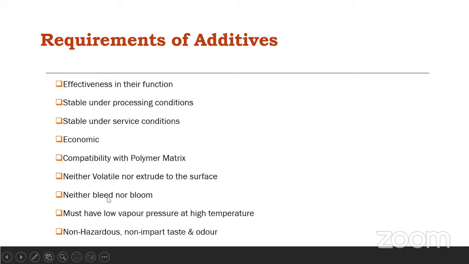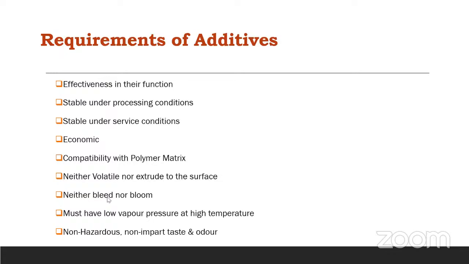They should neither bleed nor bloom. They should have low vapor pressure at high temperature. This means a low vapor pressure ensures that your additive will not evaporate very quickly even at high temperatures.